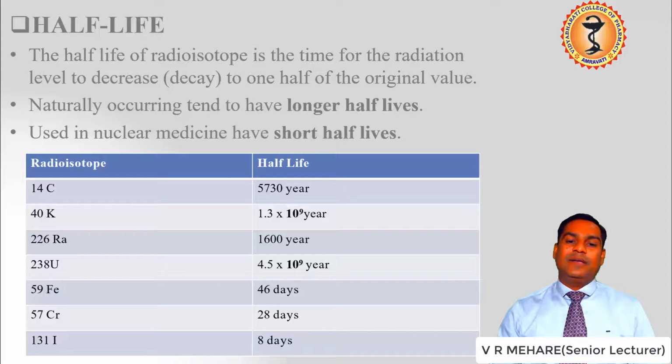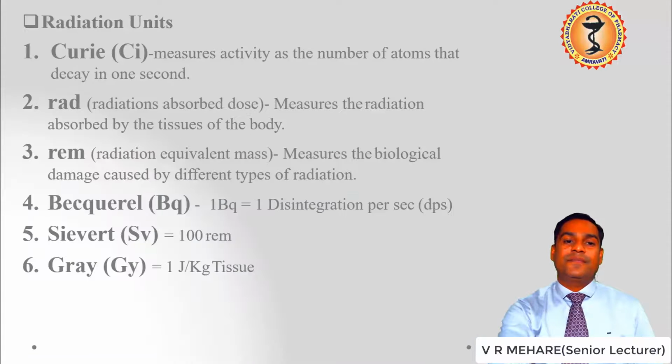Iron-59 half-life is 46 days. Chromium-51 has a 28 days half-life, and iodine-131 has a half-life of 8 days. So these were the different radioisotopes with their different half-lives.